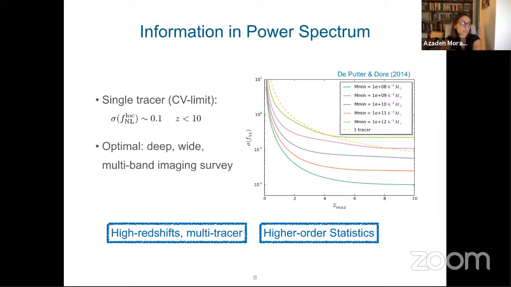It's also interesting to notice that from this type of study, we learned that an optimal survey to constrain FNL is actually a deep, wide, multi-band imaging survey, not a spectroscopic survey. In that sense, something like SphereX, which has about 100 bands in the near infrared, seems very promising to constrain FNL.